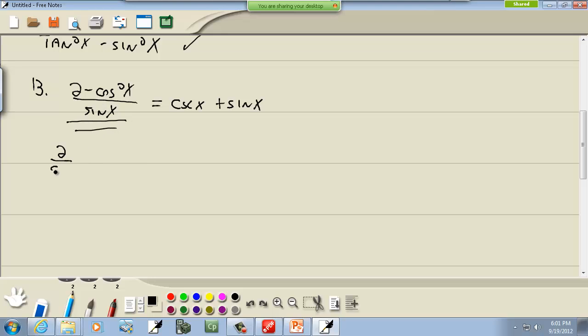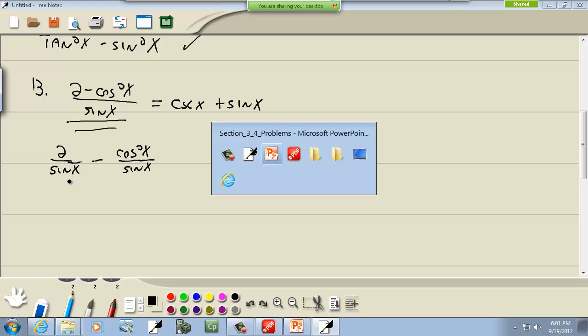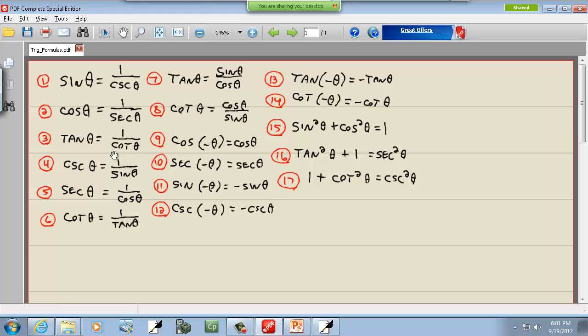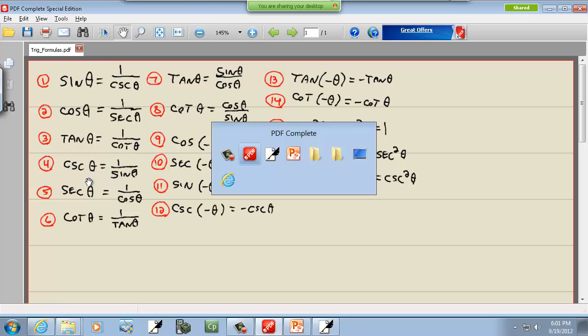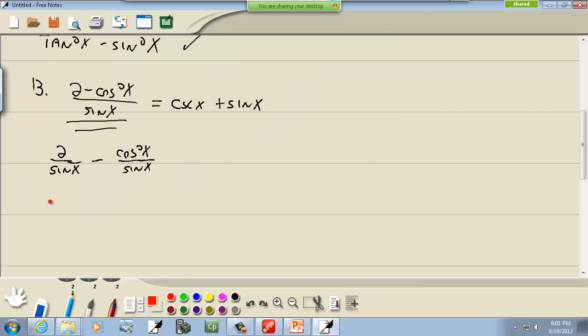So I'll rewrite that as 2 over sine minus cosine squared over sine. Now, 1 over sine is cosecant, number 4. So this becomes 2 cosecant x minus, and I'll rewrite the cosine squared.